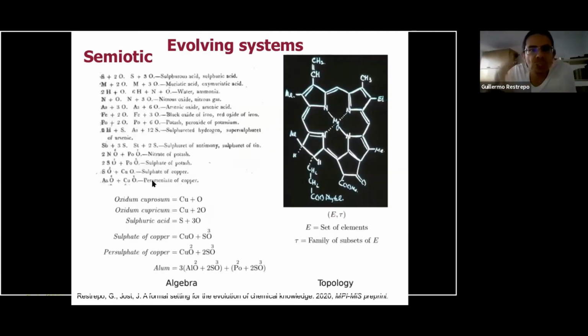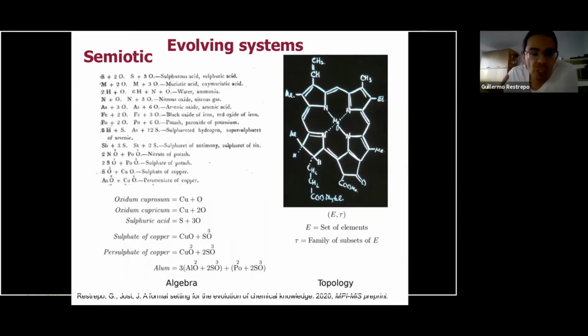That evolution of the semiotic system has led us to another kind of algebra, more or less the one we use today with the empirical formulas, introduced by Berzelius in 1814. Until Berzelius, we were considering just the composition of substances. But now, for example, a big part of this meeting has been devoted to molecular structure.